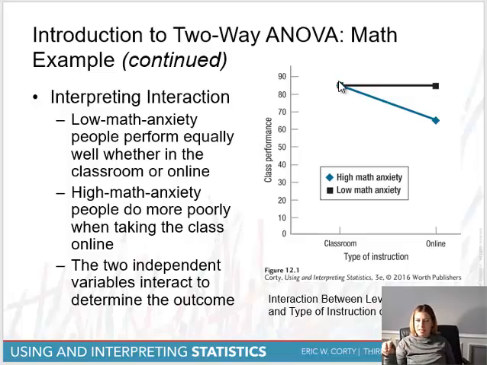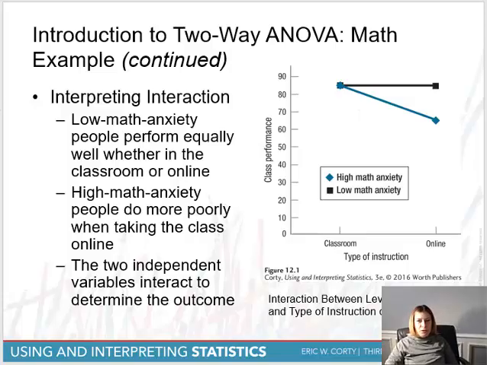So what this tells us is that there's an interaction. What also cues you into this is that if you were to extend these lines out, you would have a cross. Whenever those lines cross, or are potentially going to cross, they literally interact. So that gives you an idea that there is an interaction.